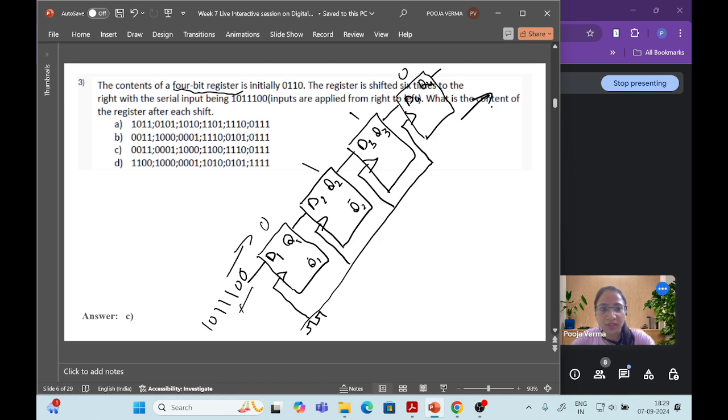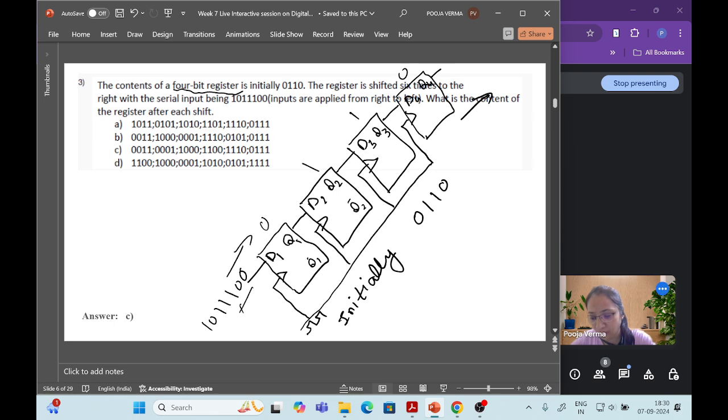So what is the content of the register after each shift? Each shift, what will be the content of the register? Already it is stored 0 1 1 0. So we can say that initially the content of the register is 0 1 1 0.